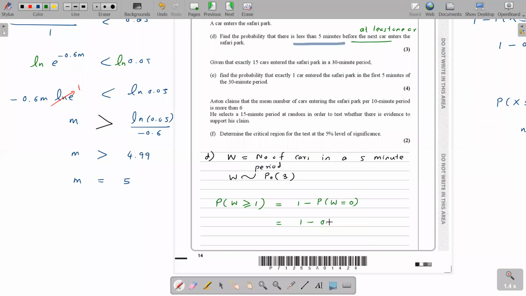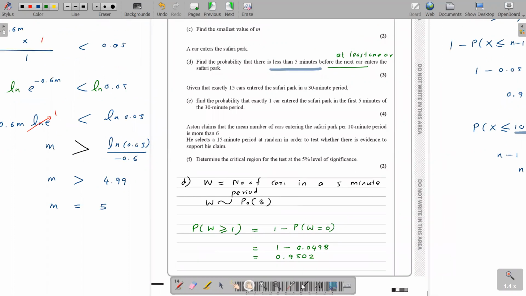So 1 minus 0.0498 is 0.9502. Okay, is this clear? You need to really read the question and be able to understand these kinds of statements. This requires some experience and practice, so keep doing as many papers as possible.